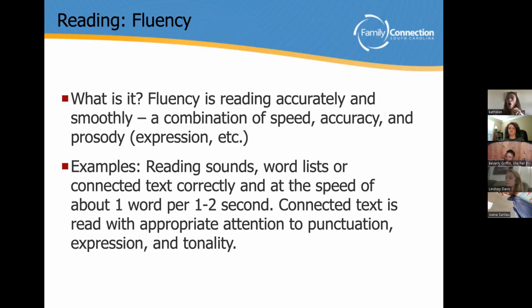And this all means that children with dyslexia should be asked to read fluently only words where they've learned the pattern, or if they have a handful of sight words they've memorized, okay? A child shouldn't be asked to decode a word like through, T-H-R-O-U-G-H, if they have not been taught that.